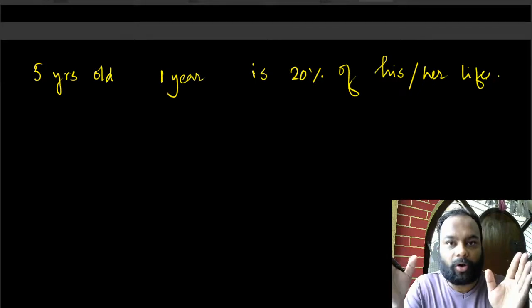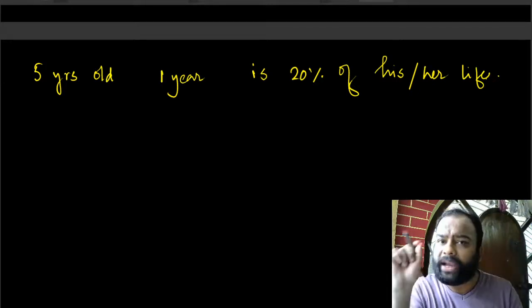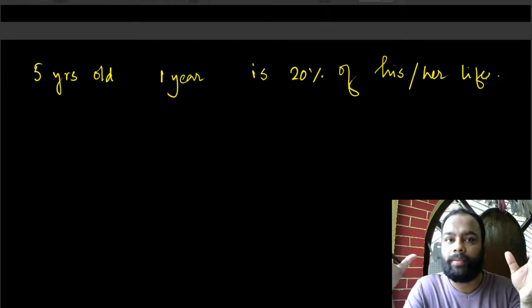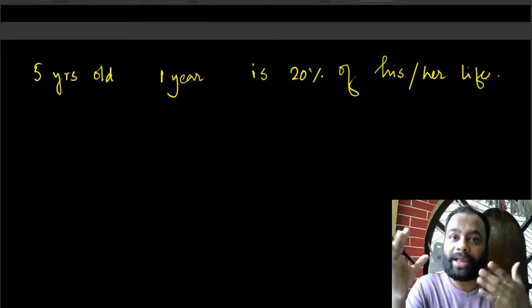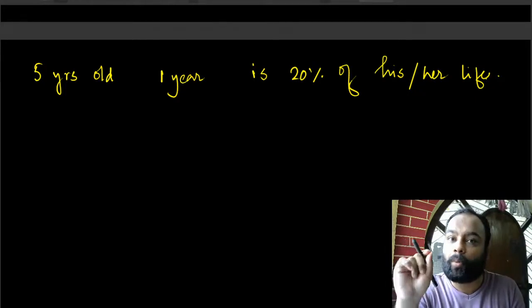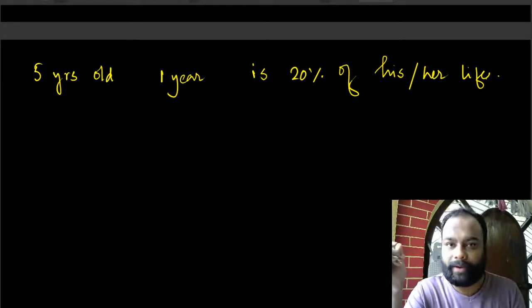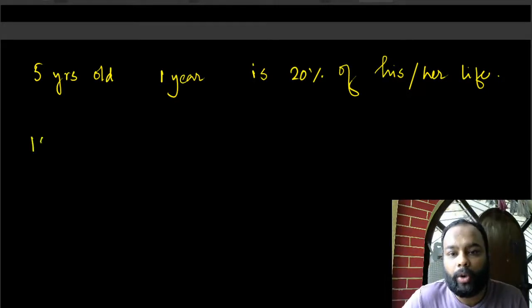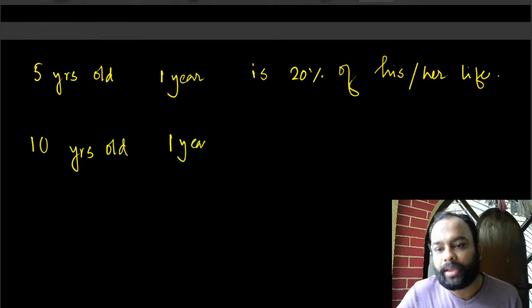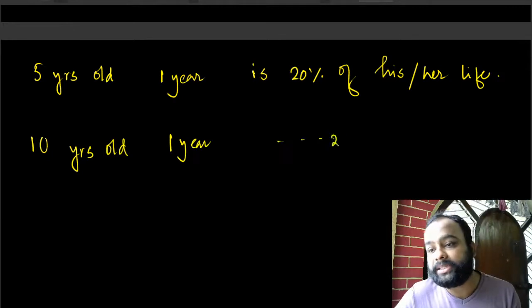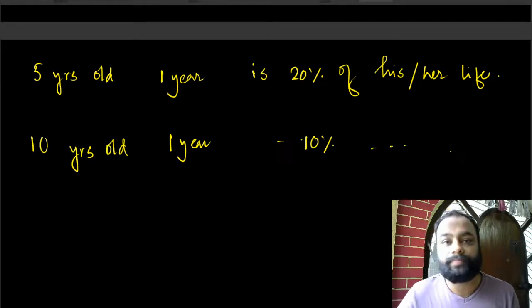So for a 5-year-old, 1 year is a very, very long time. Similarly, for a 10-year-old kid, 1 year is still a very long time, because this is 10% of his or her entire life.